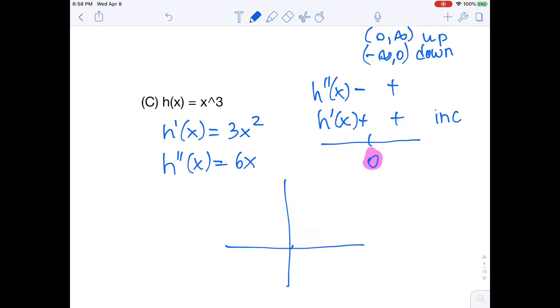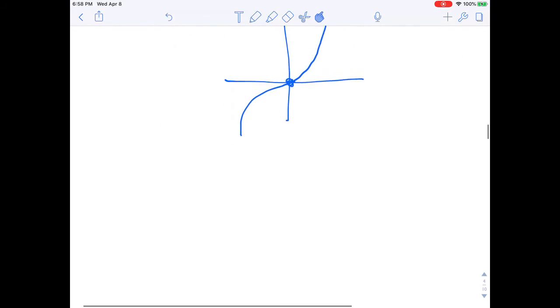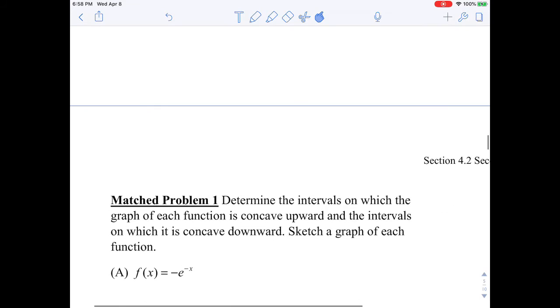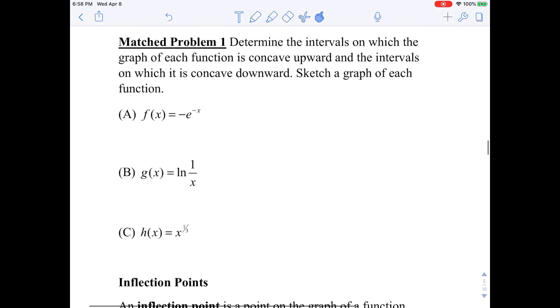So what will that look like? Something like that. So you go ahead and do the matched problems.